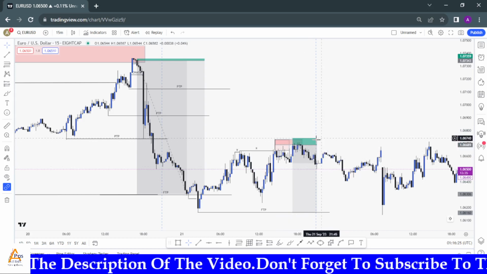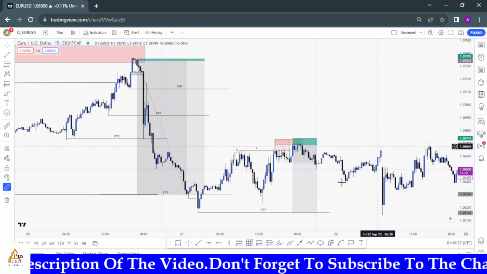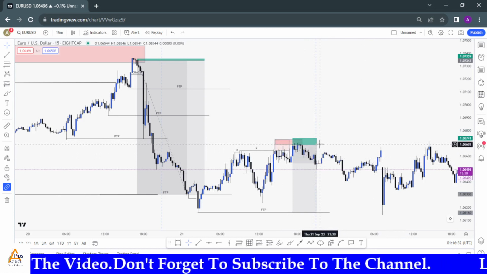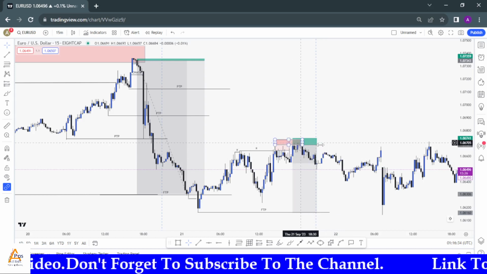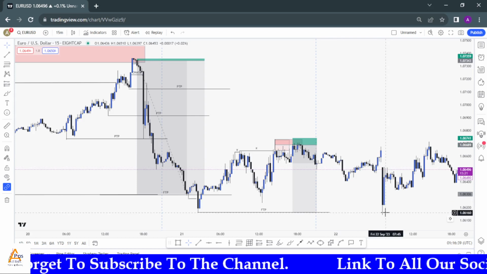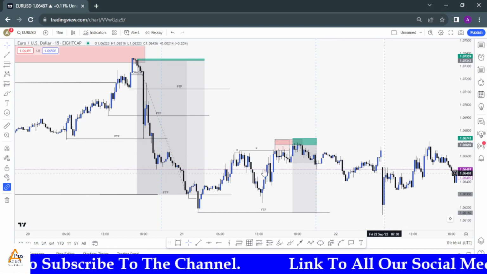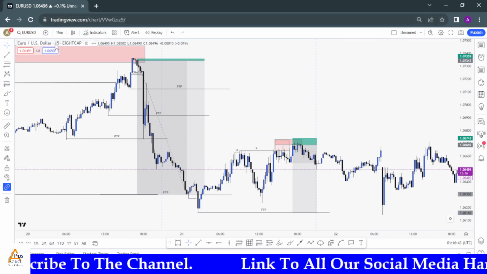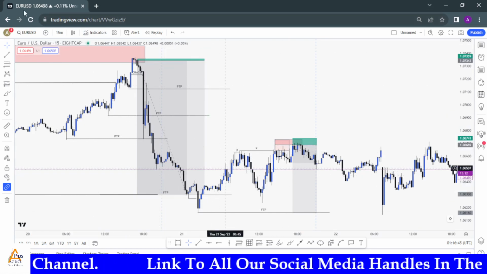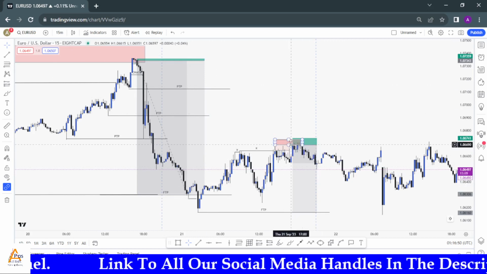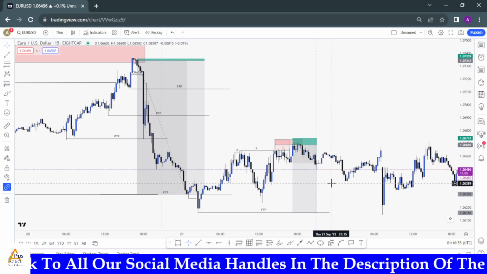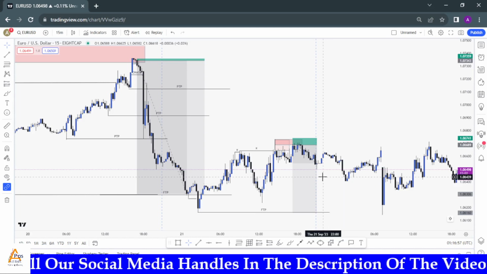So in case price comes back, here you can see price reversed back to this area. But this is my entry, this is where my SL was moved to. Price didn't take me out before shooting down. Now the reason I used 8 cap to do this analysis is that the prop firm I'm trading with uses 8 cap, so I have to analyze with 8 cap to get my entries and my SL positions on point.